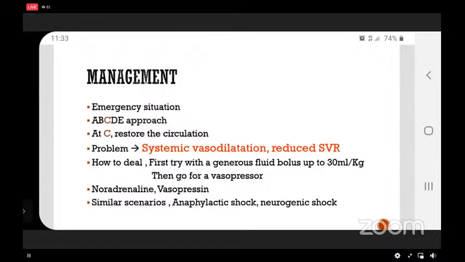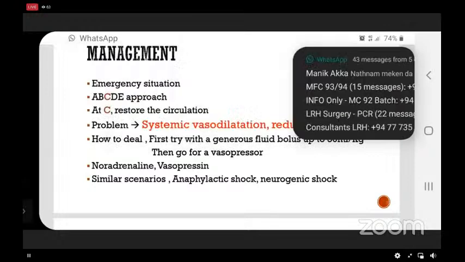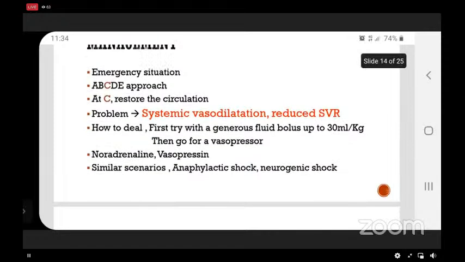You have to give plenty of fluids, a generous amount, up to 30 ml per kilogram, and if that does not restore the blood pressure, then you have to think about a vasopressor. The vasopressor of choice in septic shock is noradrenaline, and the second line drug is vasopressin. With those, you can counteract the vasodilatation and the blood pressure would be stabilized.